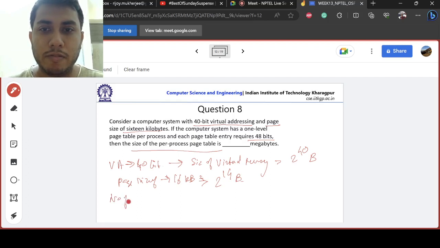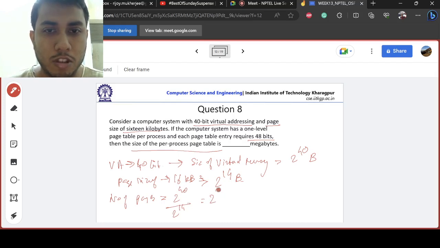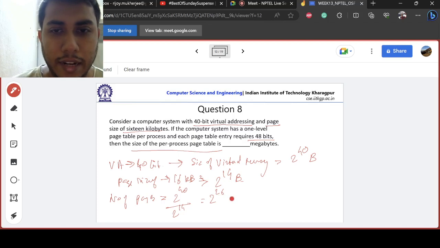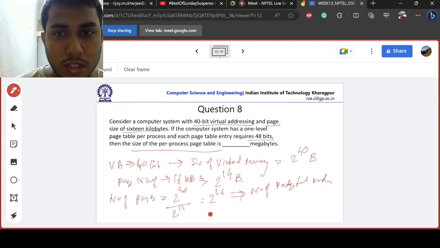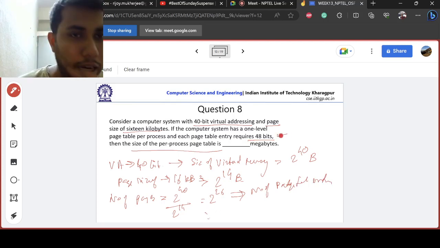So the number of pages is basically 2 to the power of 40 divided by 2 to the power of 14, which is 2 to the power of 26, right? And this is the number of page table entries. Now each page table entry requires 48 bits.